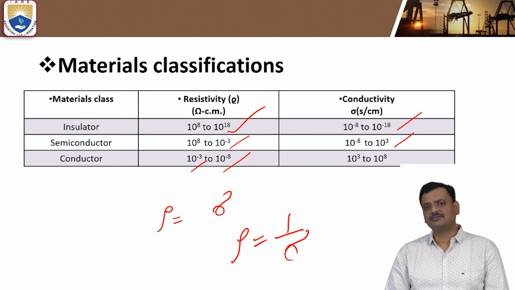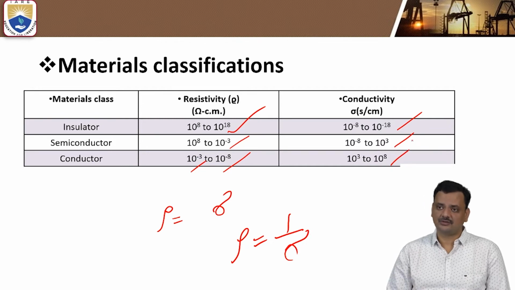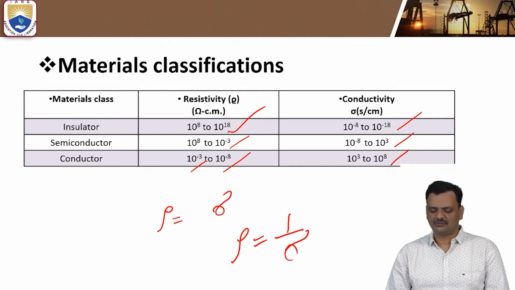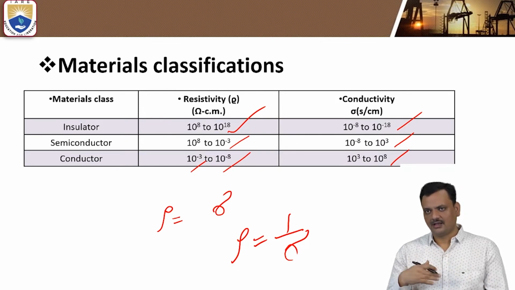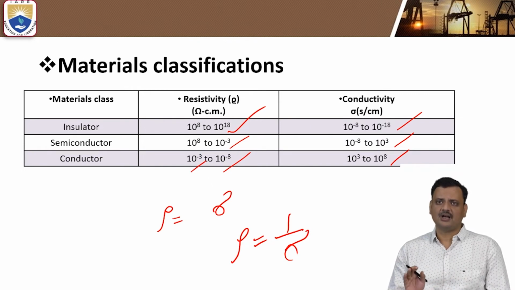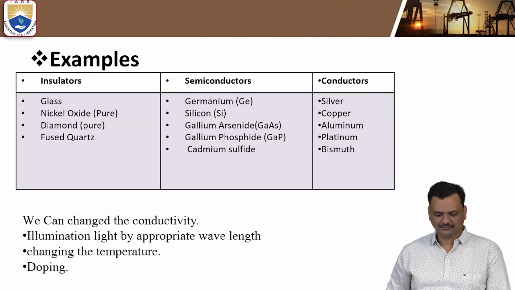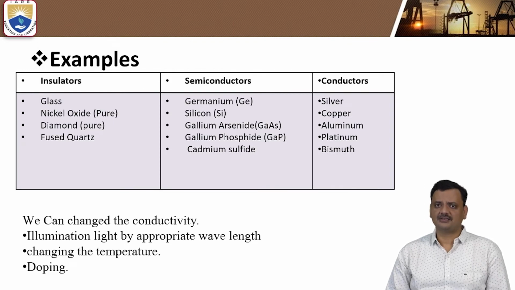But in the case of a conductor, it will be around 10 to the power 3 to 10 to the power 8. Okay, so you have to keep all these order values in mind for the classification of insulator, semiconductor, and conductor. Okay. Here some examples of semiconductors, insulators, and conductors are given.